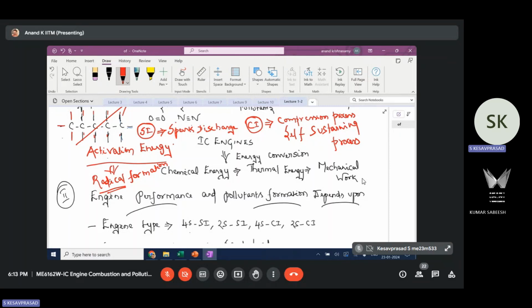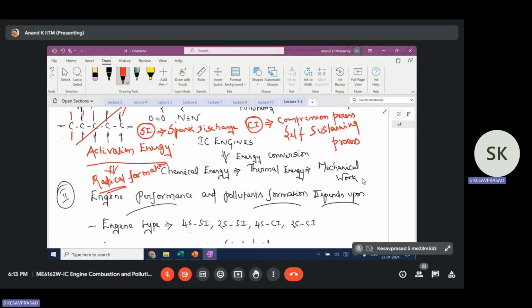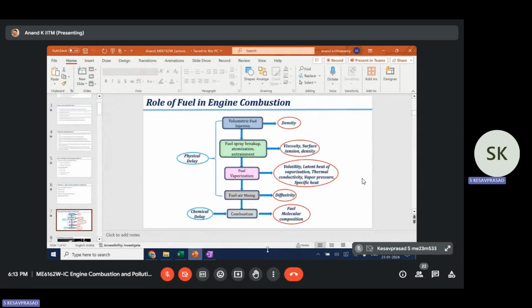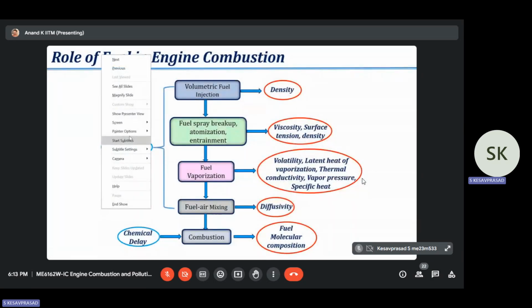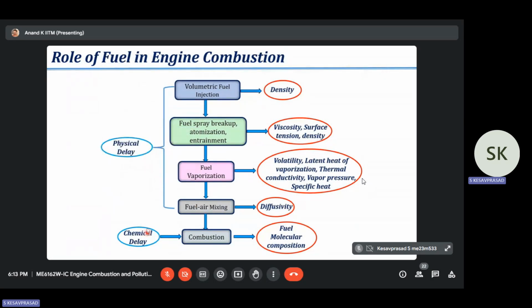So you compress it to a high pressure and high temperature, and then you spray the fuel into the high pressure, high temperature air. This air is providing activation energy to form radicals. There is a time elapsed to form radicals from the stable molecular structure of the fuel, and that time is what is referred to as chemical delay.